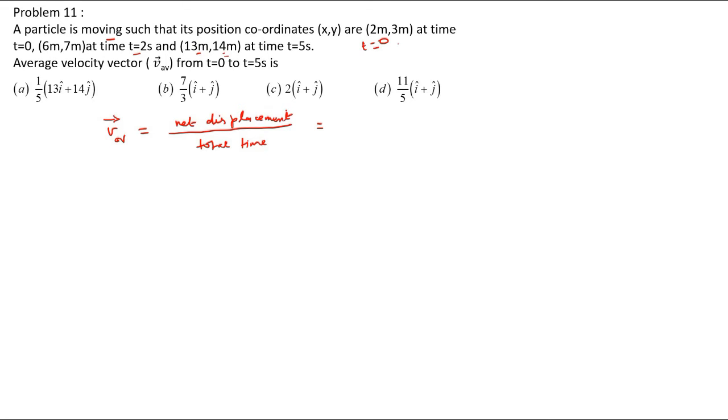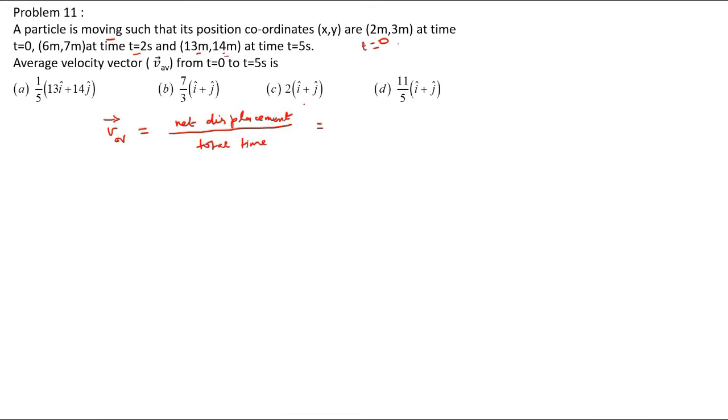The intermediate positions of the particle are not necessary. It can go anyway, that doesn't matter. We only want where it was initially and where it is finally. Then find the displacement. Simply join initial position and final position. The vector from its initial position to the final position is this net displacement.